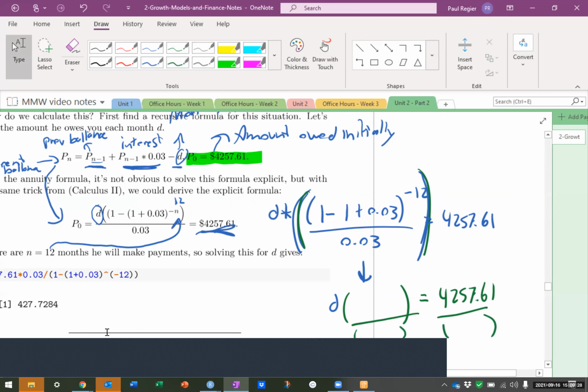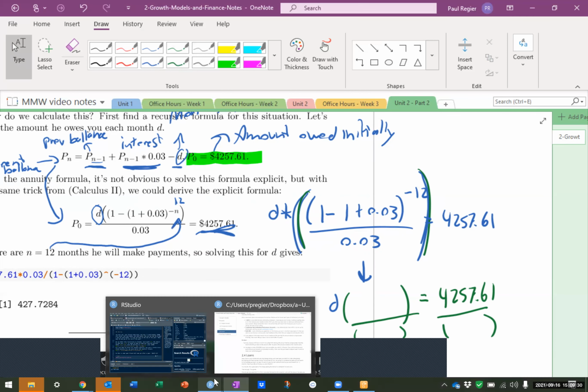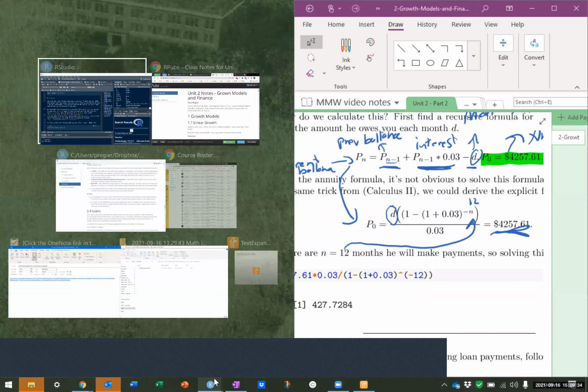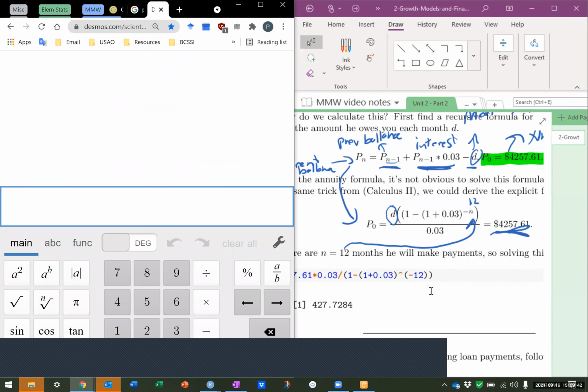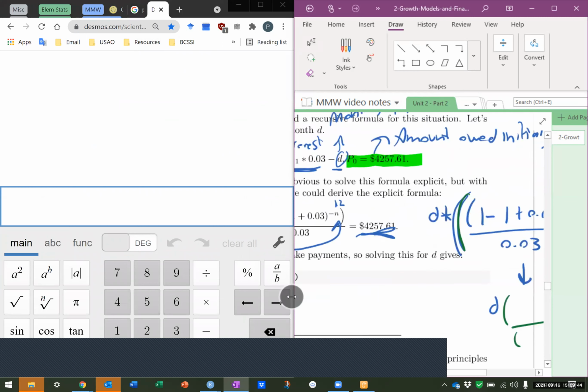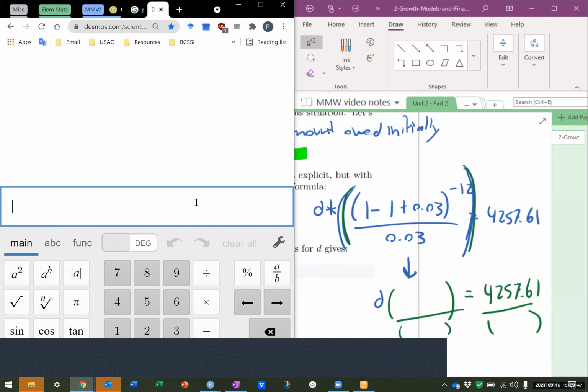So let's go to my calculator, because these calculations, like before, can be a little tricky. There's lots of places you can trip up on them. So I'll illustrate how we can put these numbers all in effectively. Okay, so we have 1 minus, oh, I forgot a parentheses here.